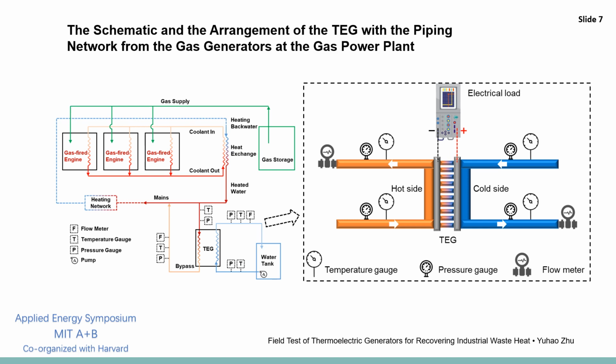The selected part of the pipelines was fitted with pressure gauges, temperature gauges, control valves, and multiple outlets. 2 flow meters were installed at the outlets of the hot and cold sides, respectively. An electronic load was used to provide an external load and measure the voltage, current, and power output.